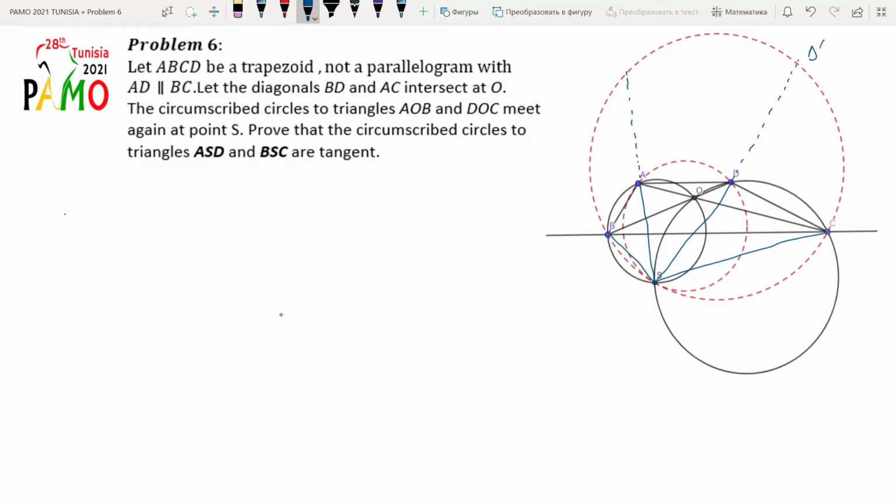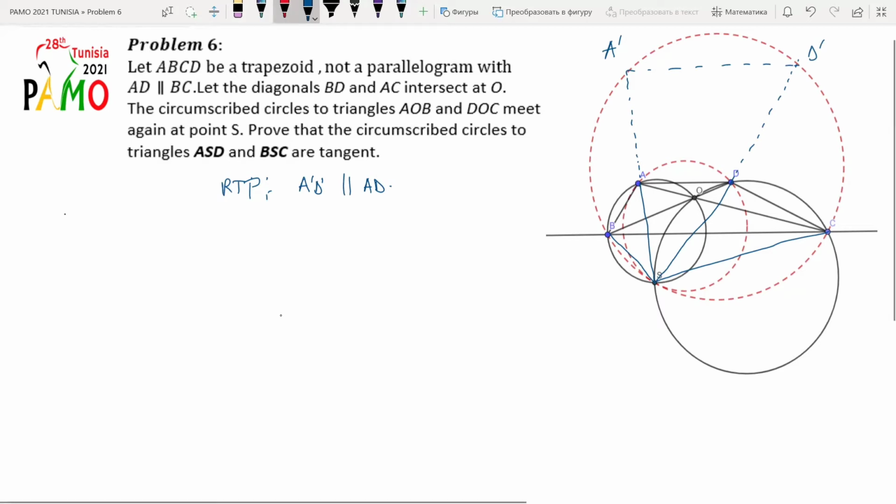Let's call this A prime and this D prime. If we can show that A prime D prime is parallel to AD, then by the converse of the lemma, the two circles are tangent at point S. We have reduced our question to showing that these two lines, A prime D prime and AD, are parallel.